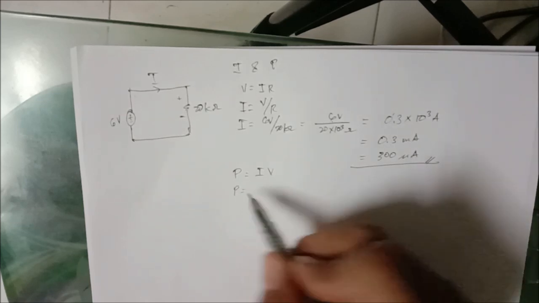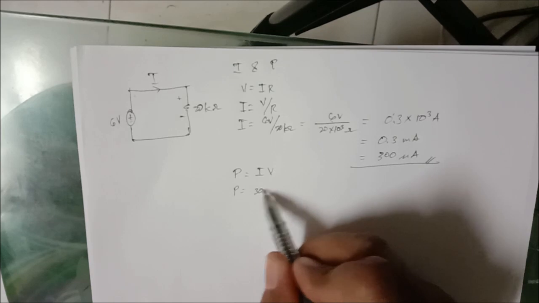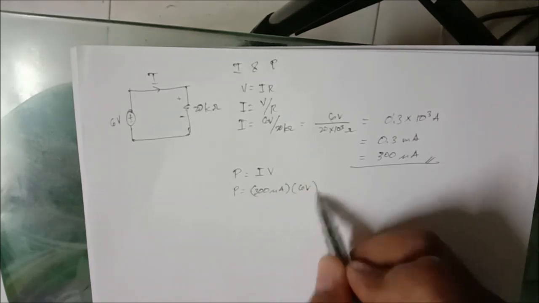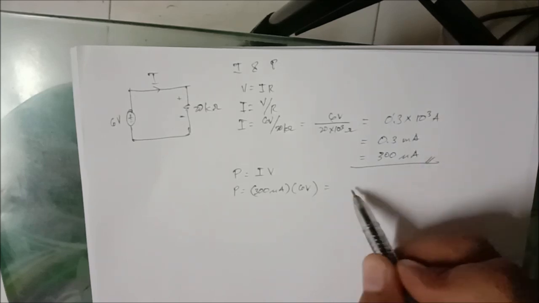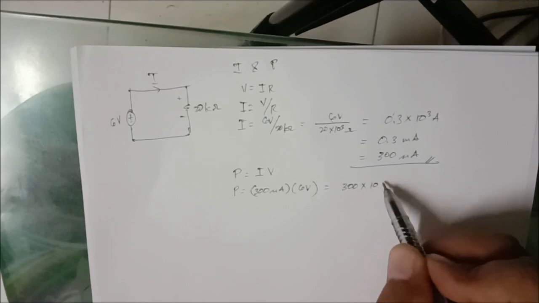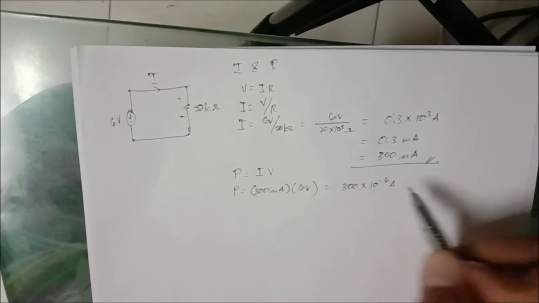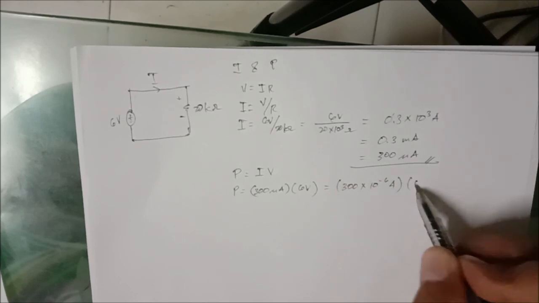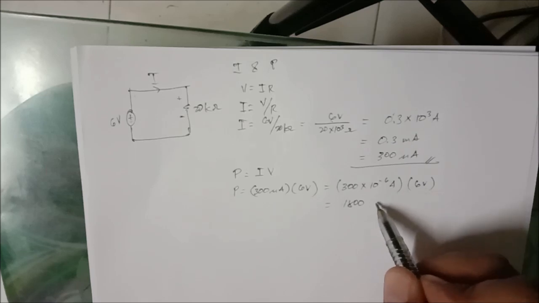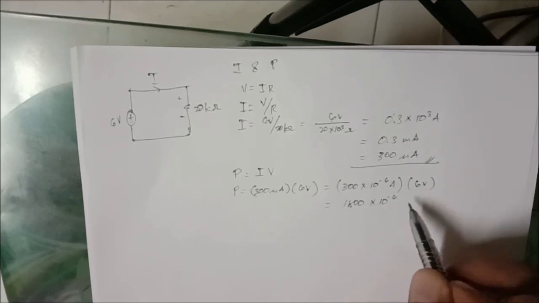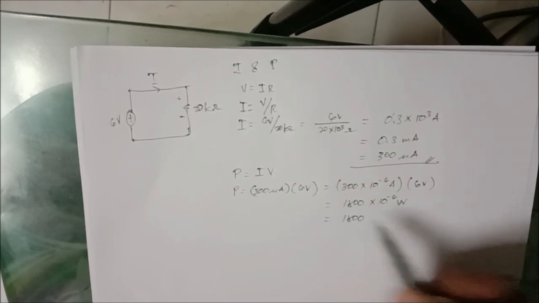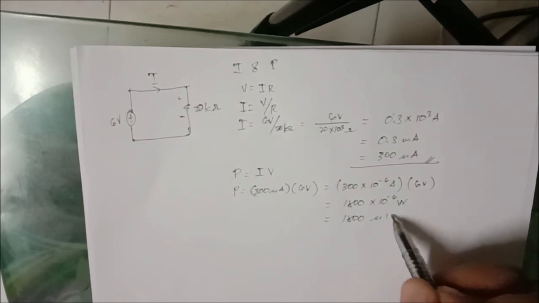So, power is equivalent to I, which is 300 microamperes, times voltage, which is 6 volts. So, this is equivalent to 300 times 10 raised to negative 6 amperes times 6 volts. 6 times 3 is 1,800 times 10 raised to negative 6 watts, or 1,800 microwatts.